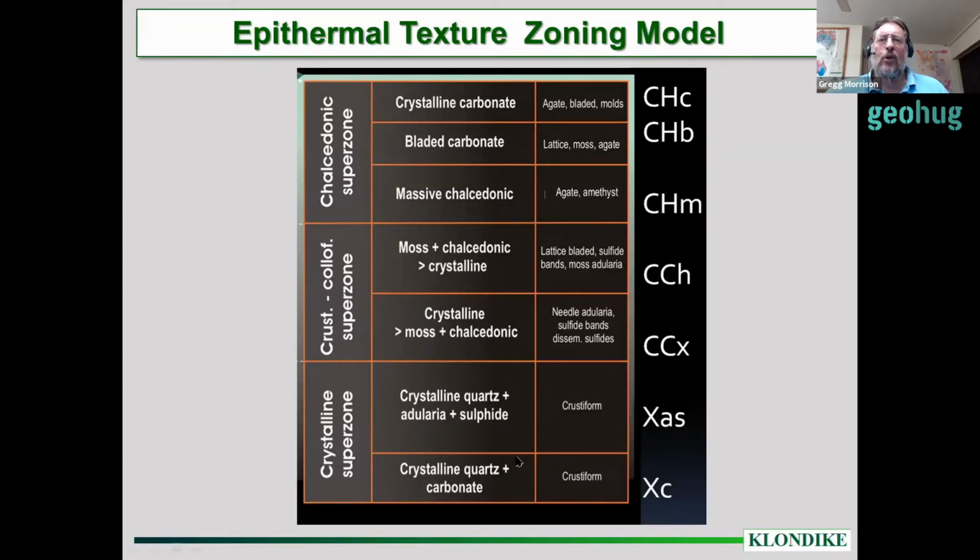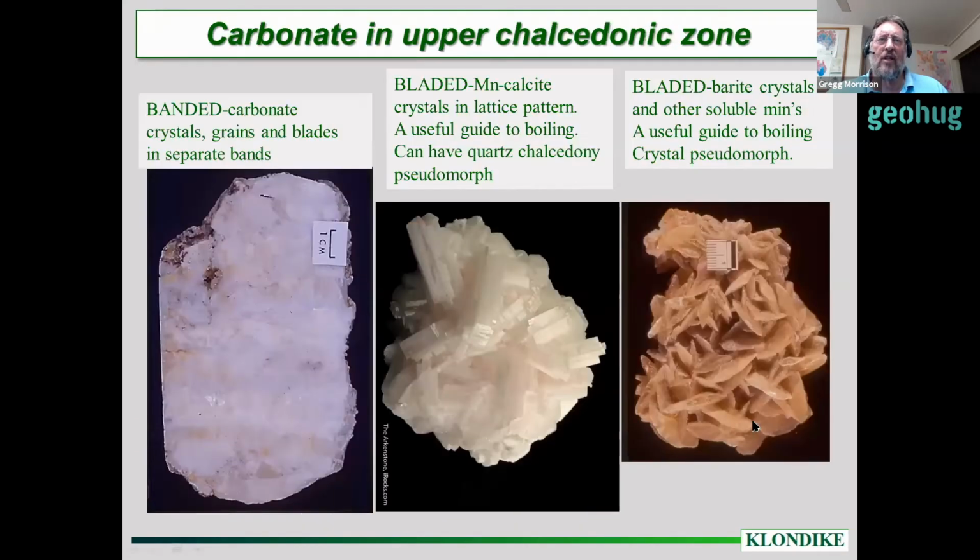And that can have a crude crustiform sort of texture. So there are these chalcedonic, Crustiform-Colloform and crystalline zones within which there's a progression of textures, but a systematic distribution of those that makes sense. So I'll show you how that works after we have a look at a few examples.